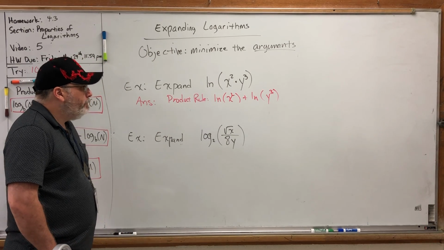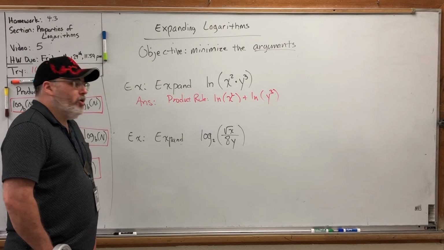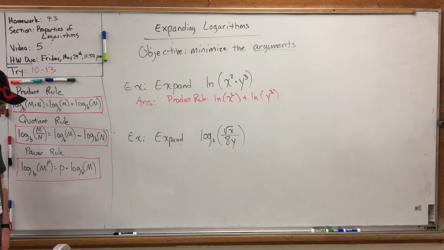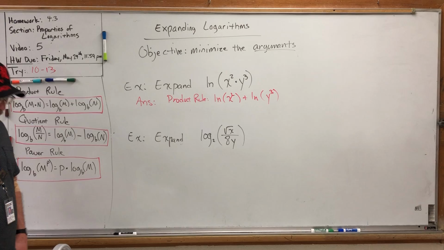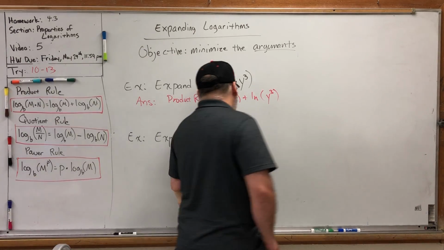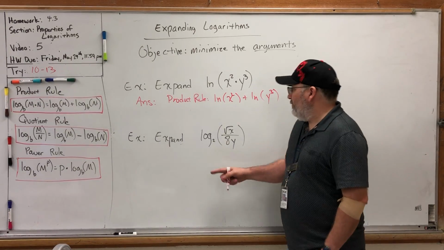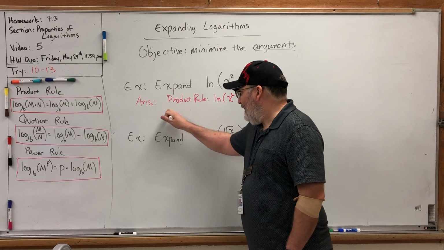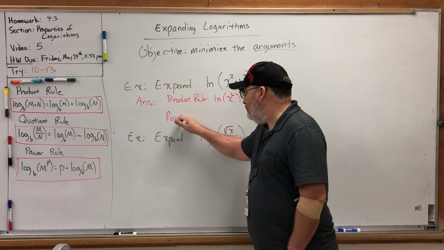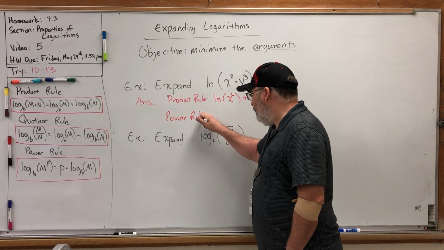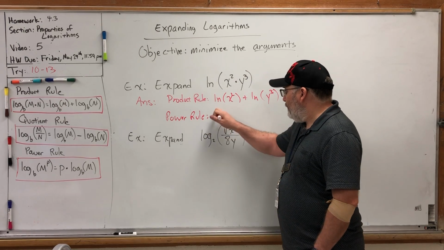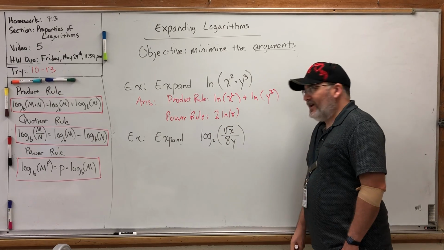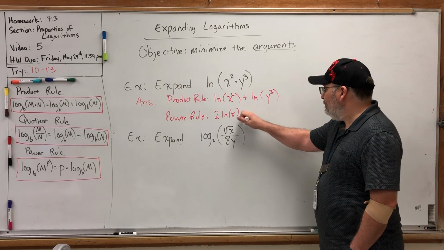Are we done? I don't know. Can we make the arguments smaller? Is there a rule we can apply now? Yes. Now we can use the power rule on each individual logarithm. On the first logarithm, there's a power of 2 and it belongs to the entire argument. So we can and should use the power rule on the first logarithm. Put the power in front and remove it from the argument: 2 times the natural log of x.